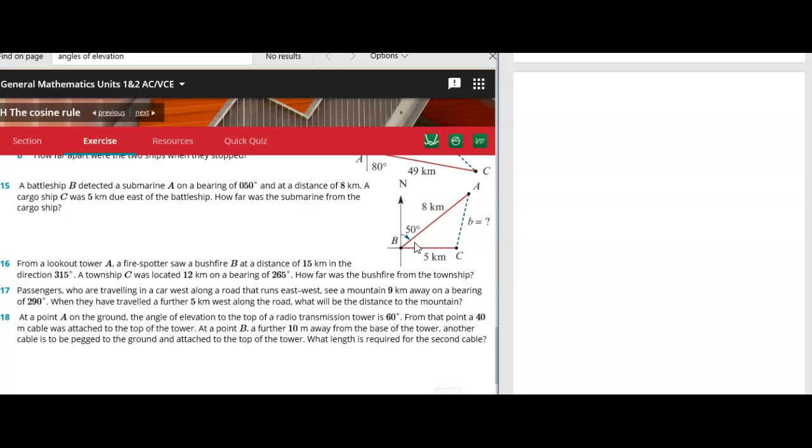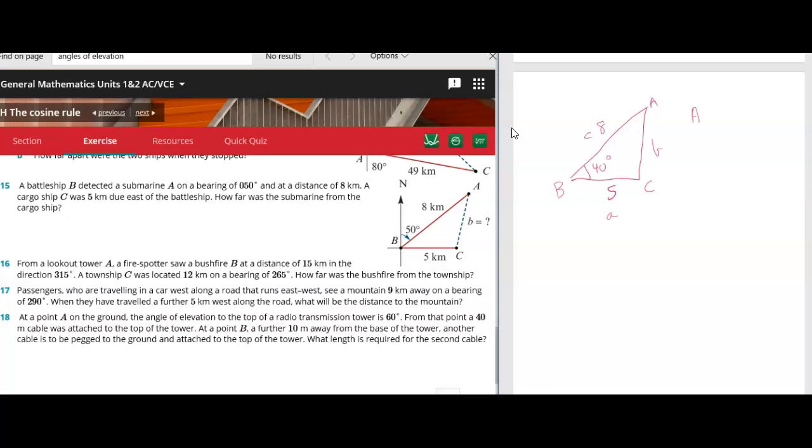This angle here at B, remember, is 90. So if we were to go from north to east, it is 90 degrees. So this angle inside the triangle, I might just get you set up. So this is going to be 40. We've got 8, 5, and here's B, big A, big C, little c, little a.